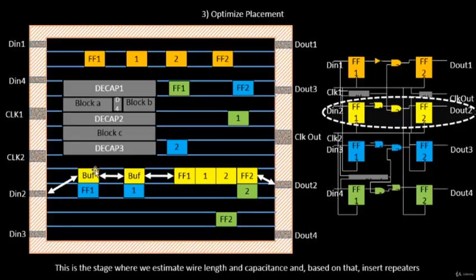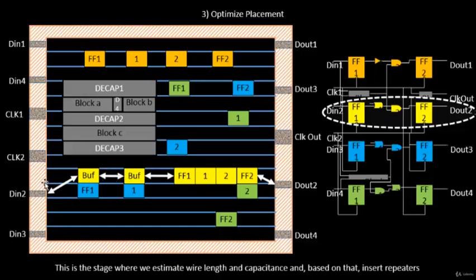You have this particular buffer which was placed, and the reason it was placed was that D in 2 was at a significantly large distance from flip-flop 1. Whatever D in 2 speaks, FF1 is supposed to hear in the same condition. So in order to reproduce the signal that D in 2 has sent, we have placed these repeaters in the center.